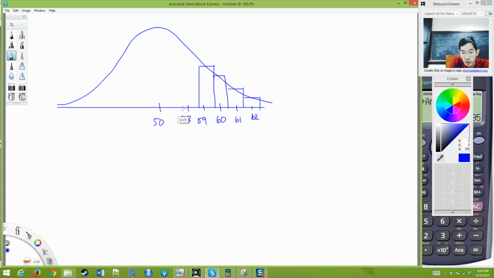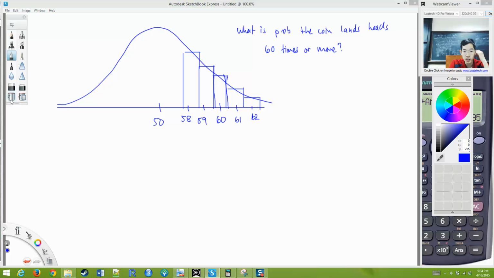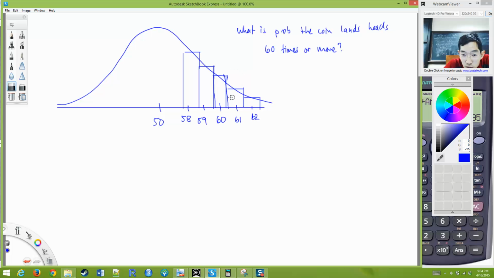So just imagine we've got all of these bars from the histogram. Okay, and so the question said, what is the probability the coin lands heads 60 times or more? Okay, so if I were to shade these in, it's going to bother me over here. Sorry.